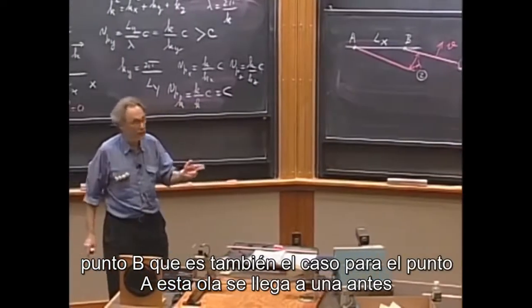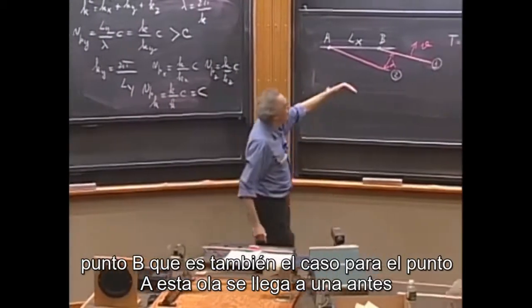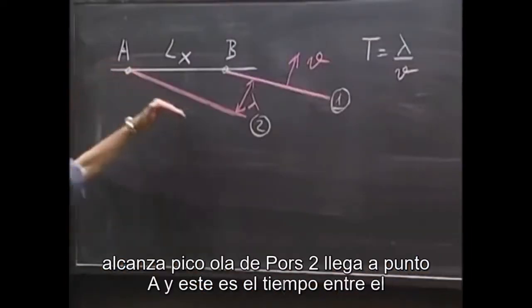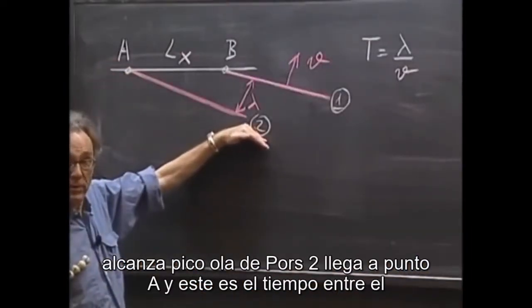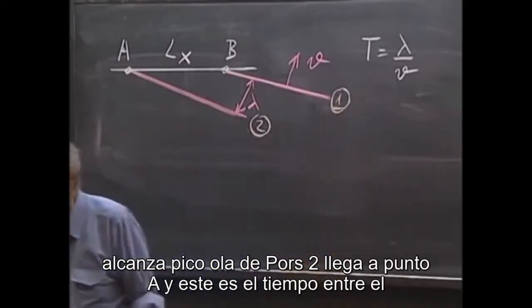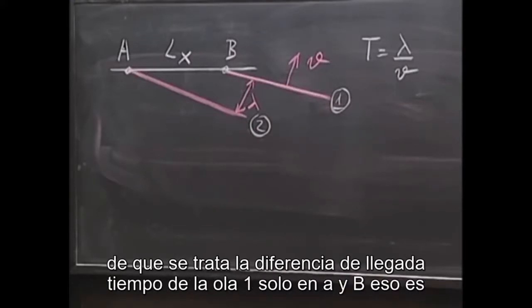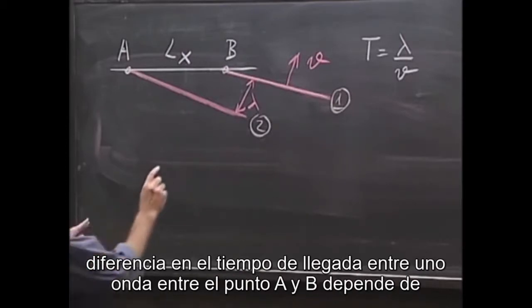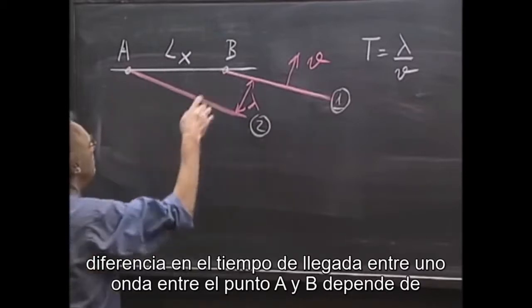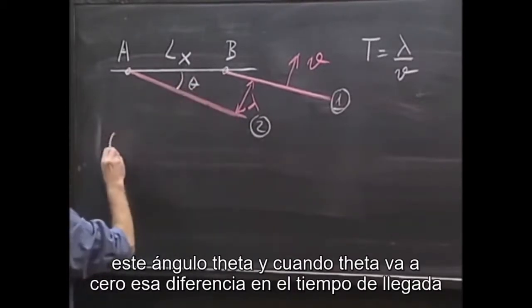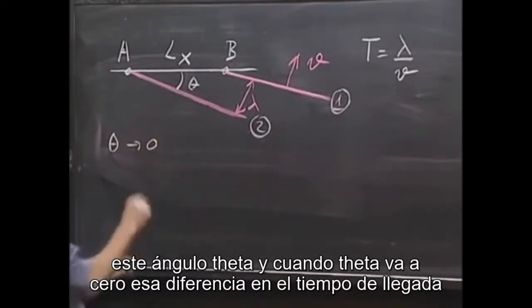That is trivial. But that's not only the case for point B, that is also the case for point A. Wave 1 reaches A before wave 2 reaches point A. And this is the time in between the arrival time of wave 1 and wave 2, which is a completely different question from what is the difference in arrival time of wave 1 alone at A and B. That difference in arrival time between one wave, between point A and B, depends on this angle theta.